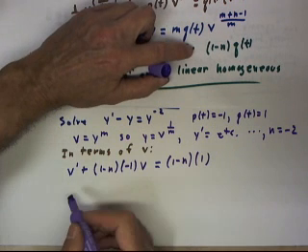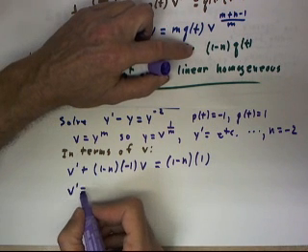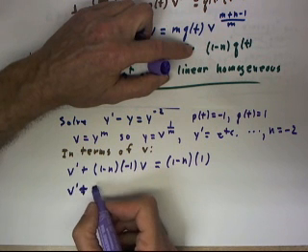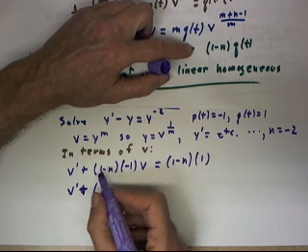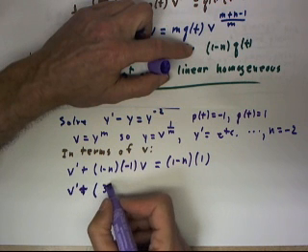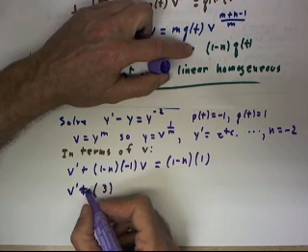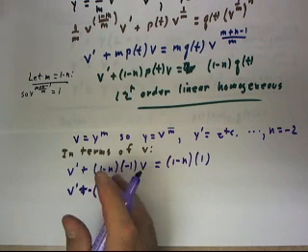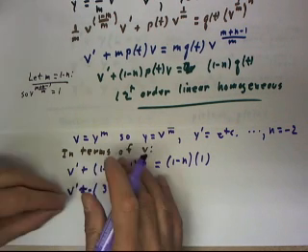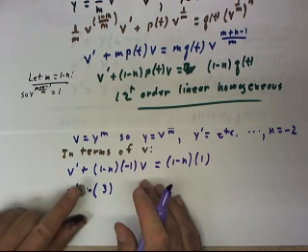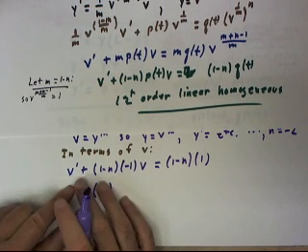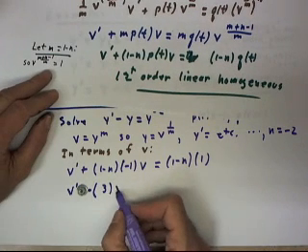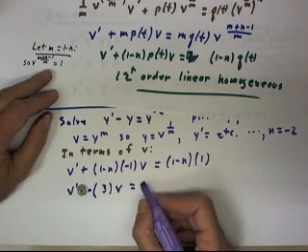Now n is negative 2, so we have v prime plus 1 minus negative 2, which is 1 plus 2. That's 3. We're going to have a negative, which means that I can get rid of my plus sign altogether. Okay, there we go. Now it looks better. So v prime minus 3 times v equals 3.